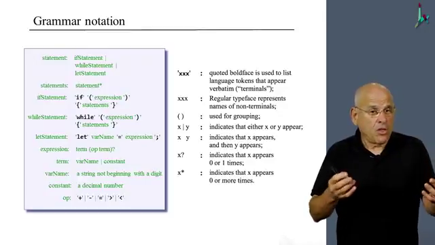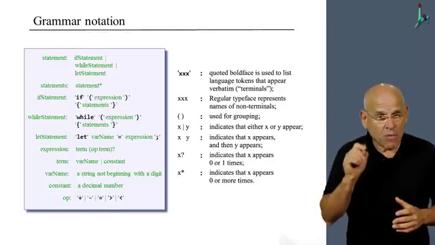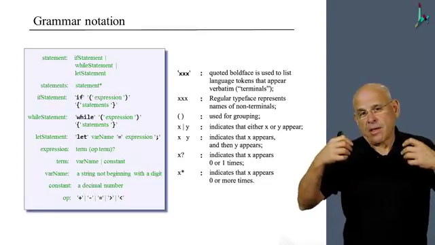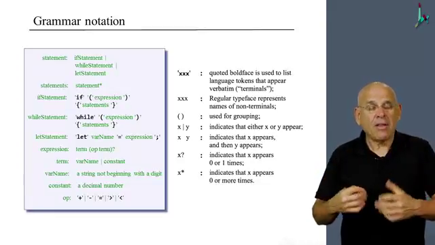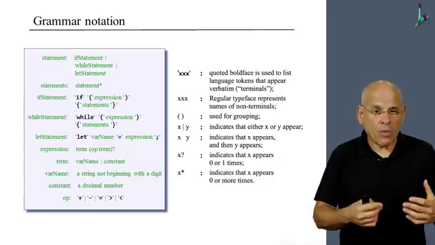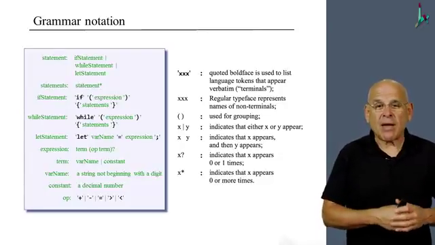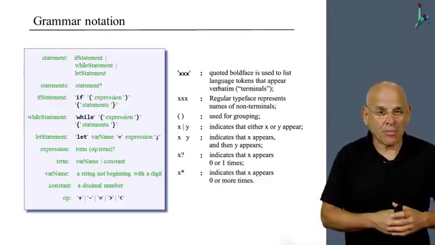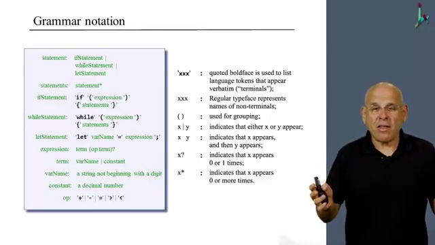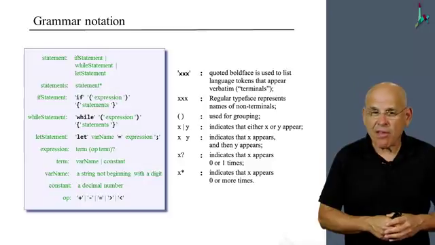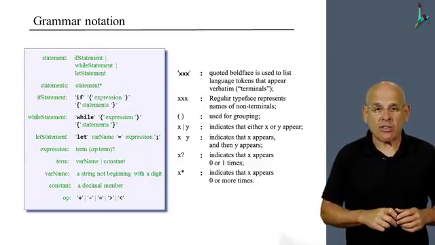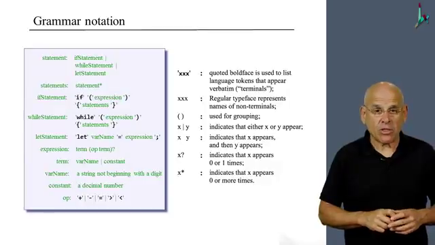We also use, as I explained before, a question mark to describe something that should appear 0 or 1 time, and we use an asterisk to describe something that should appear 0 or more times. So these are the rules of the game. Very simple, very straightforward, and that's all we need in order to describe the structure of programming languages.